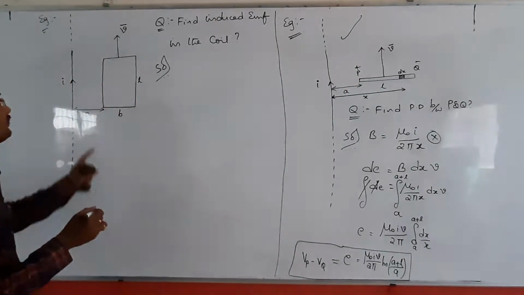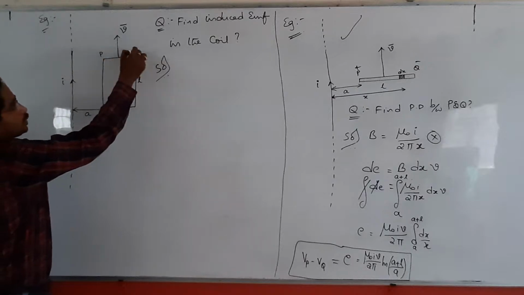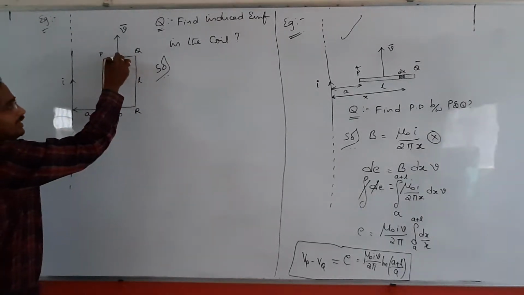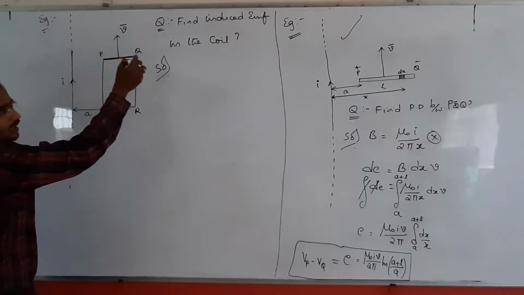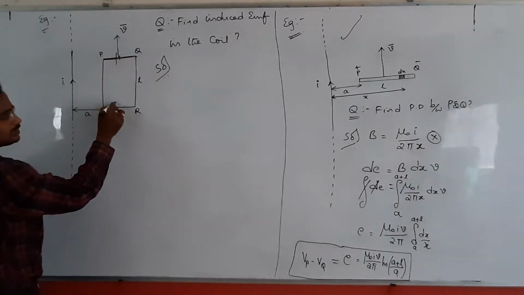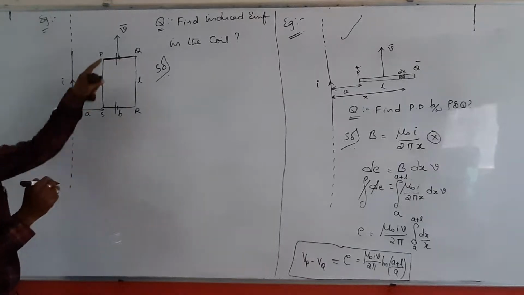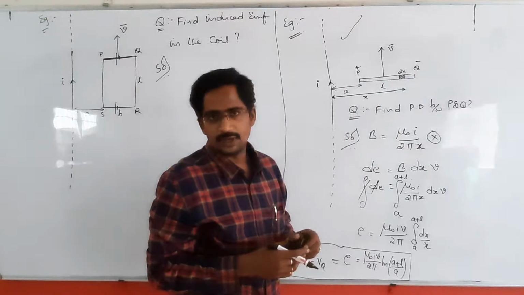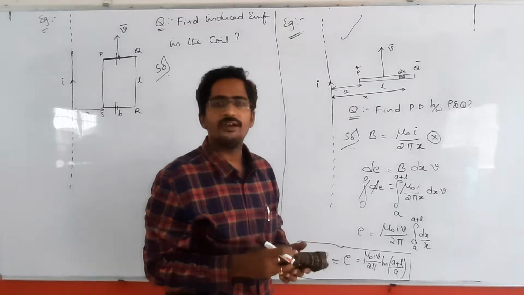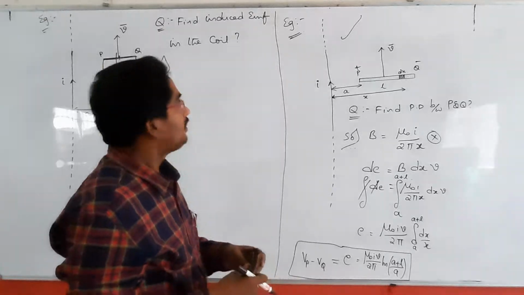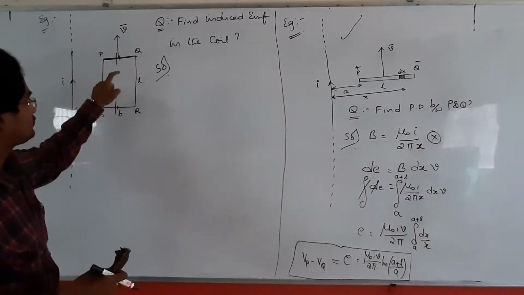If you label the coil PQRS, each rod is acting as a battery, because we have already seen this is positive and this is negative. Whenever motional EMF is induced, the rod acts as a battery with polarities like this.